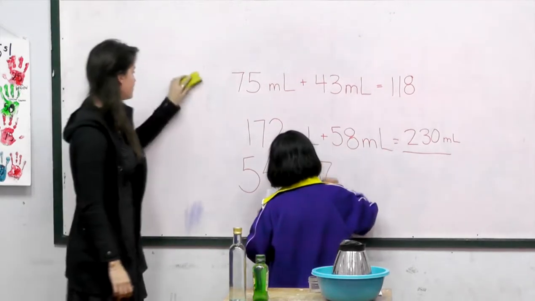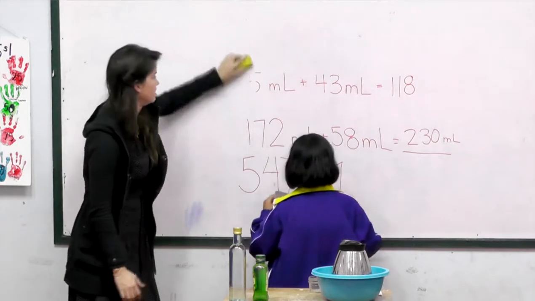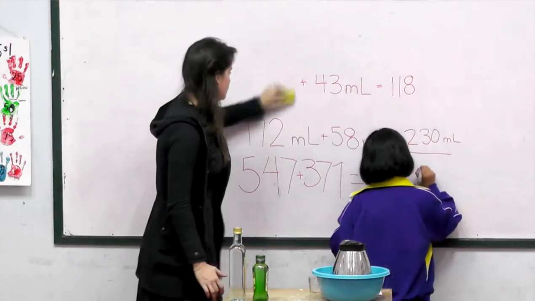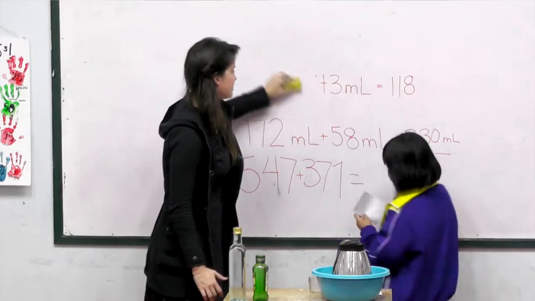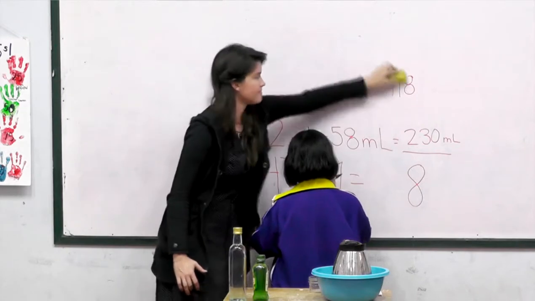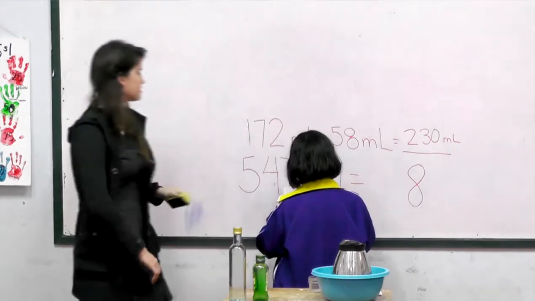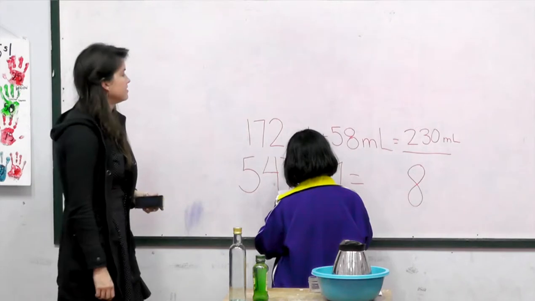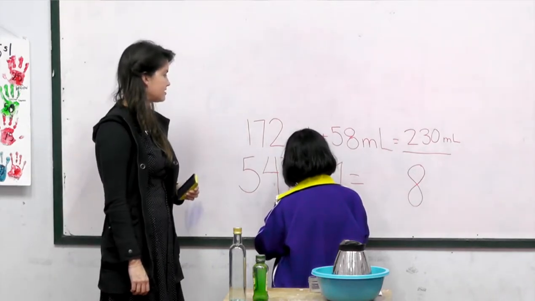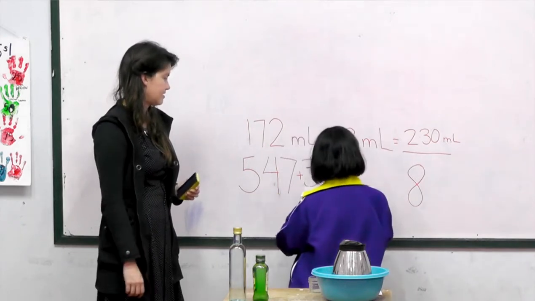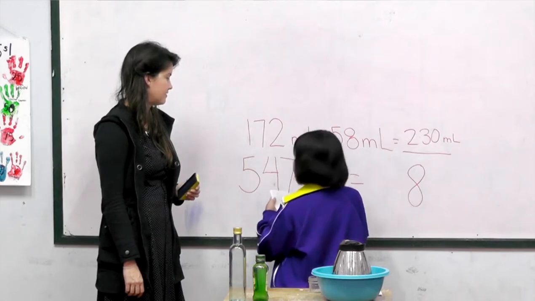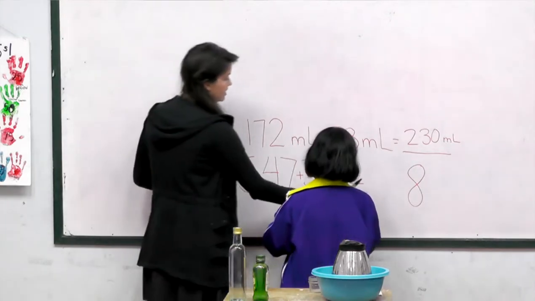We've got 547 plus 371. If you do it on the side on your paper, that's cool. She's adding up the ones first. Very nice. We've got our ones place. How do we find our tens place? 7 plus 1 equals 8.